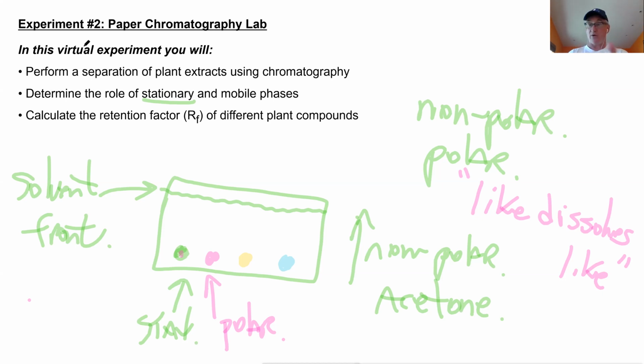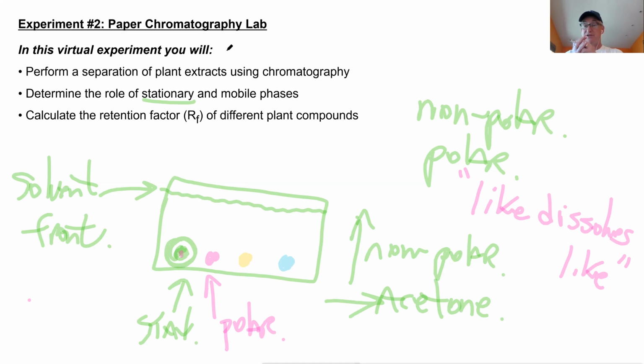So if I have a polar molecule, like the pink one is polar, it will have more interactions with the paper than it will have with the solvent. And so instead of dissolving into the solvent and moving with it, it's going to stay where it is because it has more interactions with the paper. On the other hand, the green molecule here has more interactions with the acetone.